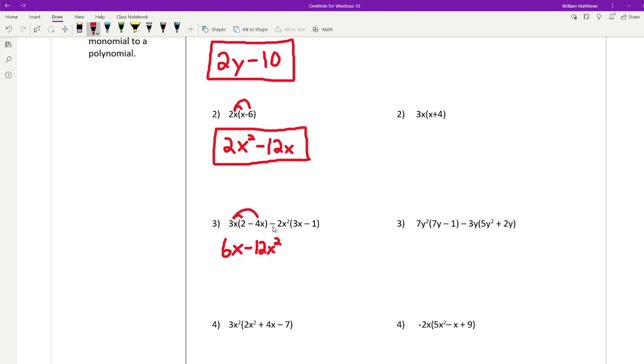This time we are going to be using the negative 2x squared and distribute it throughout the parentheses. So in this case, we have negative 2 times the 3, which gives us a negative 6. Still a part of that same product, x squared times x.